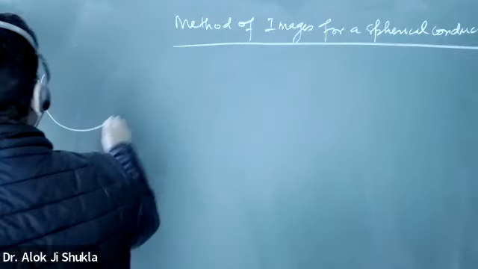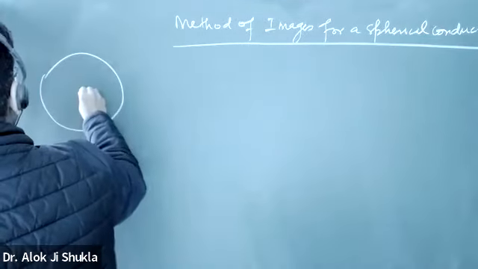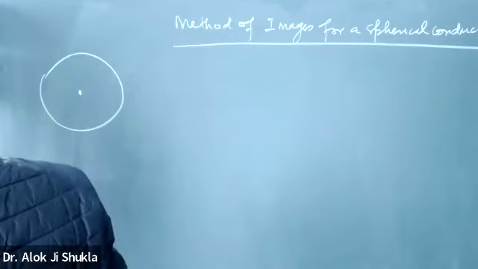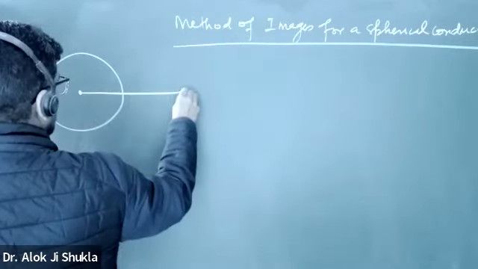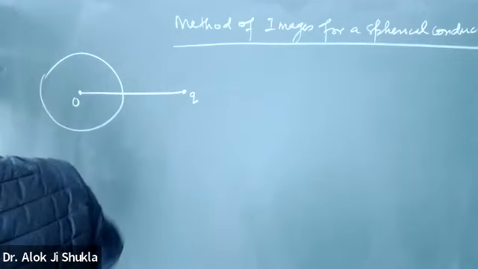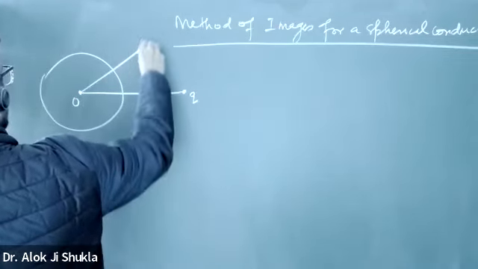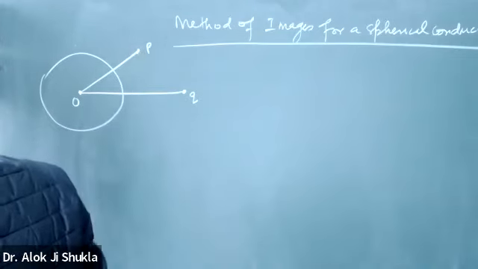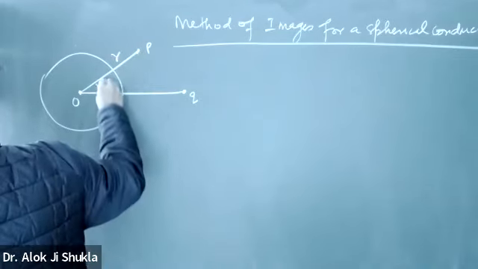So like suppose you have a sphere like this, and there's a charge Q kept here. This is center O and there is a point P where you want to calculate the potential. This is R, this is theta.